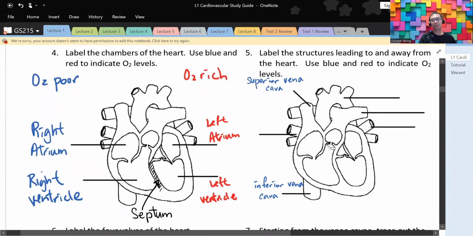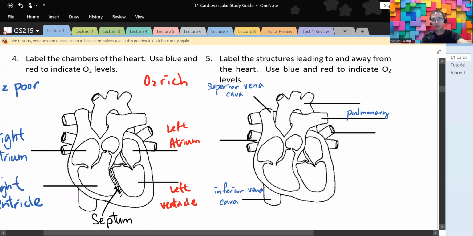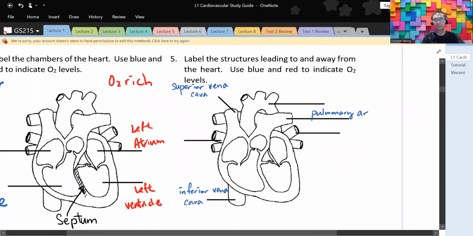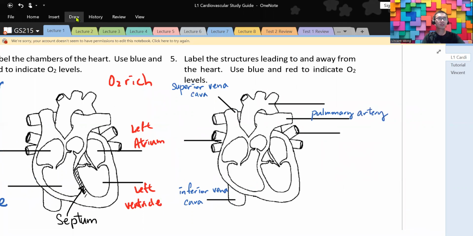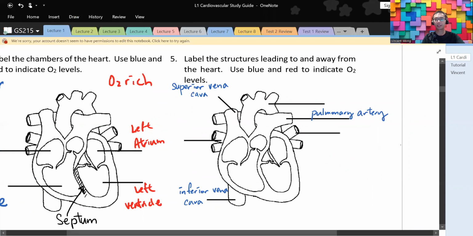Over here we have the pulmonary artery taking the blood to the lungs. So pulmonary artery. And just to reiterate what I was saying earlier, if you think about a person, the heart is up here.